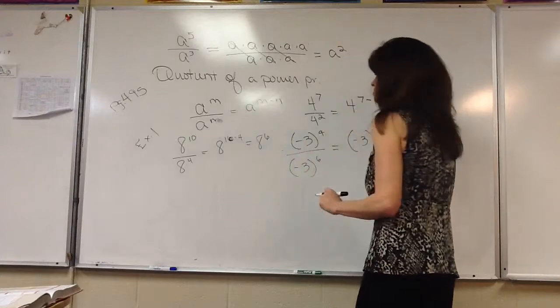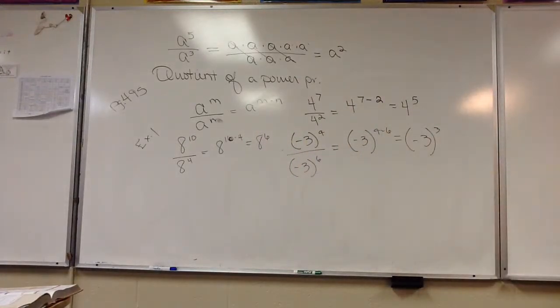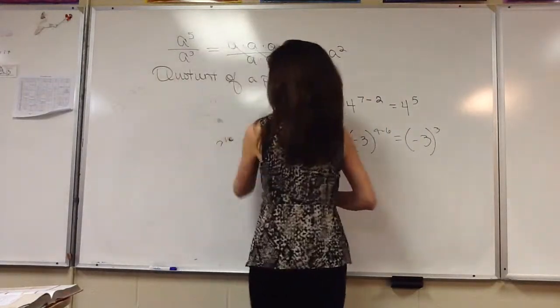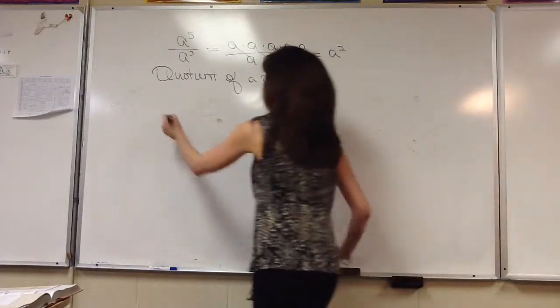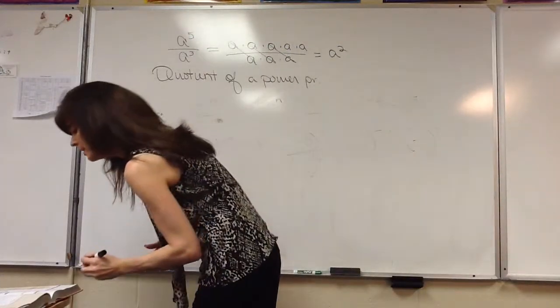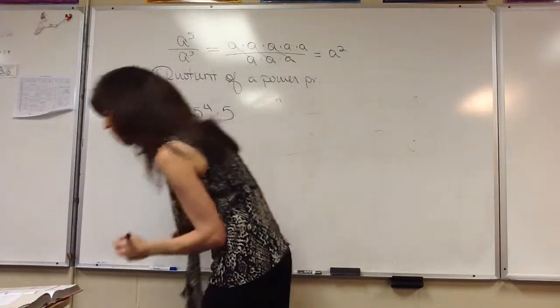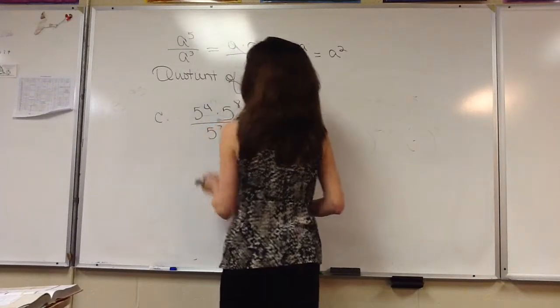Let's go ahead and take a look at C. Now C, we're actually incorporating two different properties here. I have 5 to the 4th power times 5 to the 8th power divided by 5 to the 7th power.